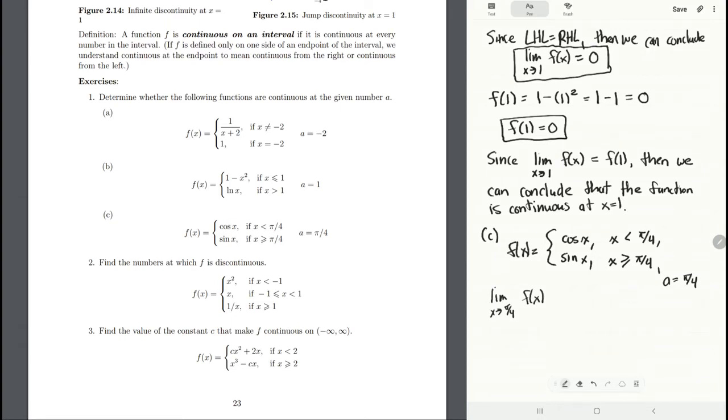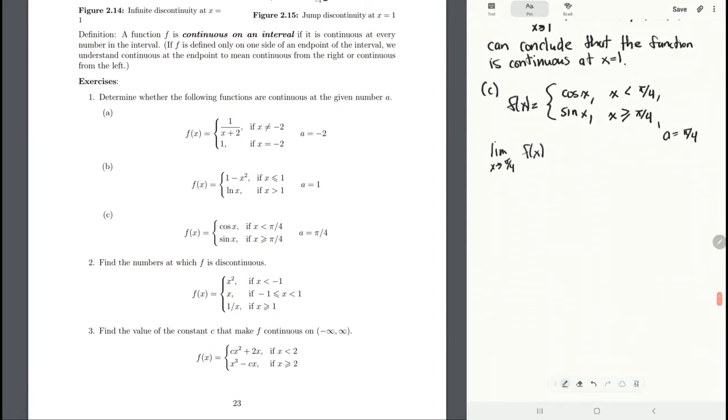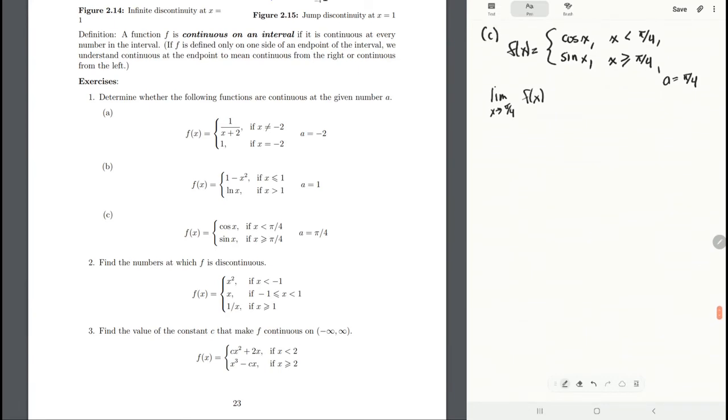And again, because the function is defined differently if we approach pi over 4 from the left or from the right, we're going to need to look at the one-sided limits. So let's have a look at the left-hand limit. Let's approach pi over 4 from the left.